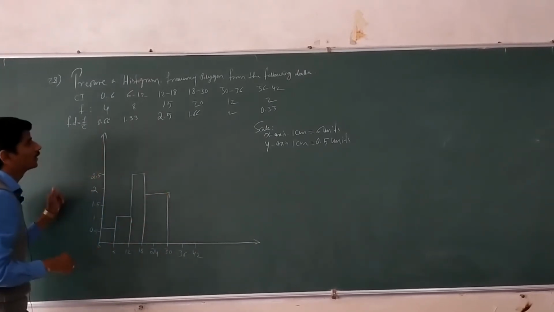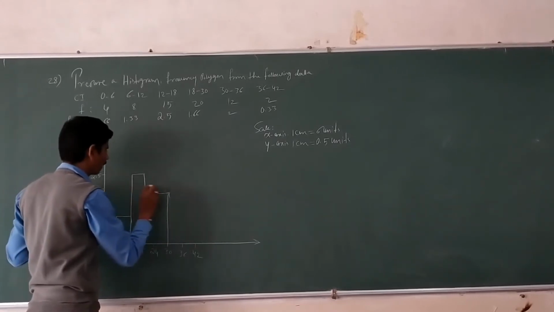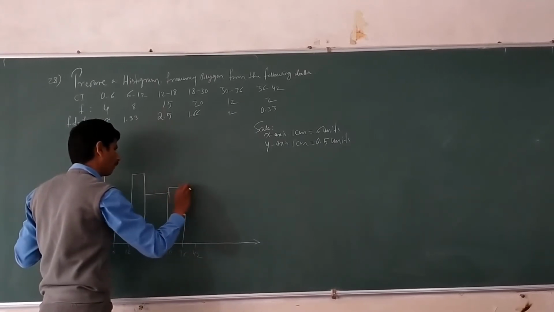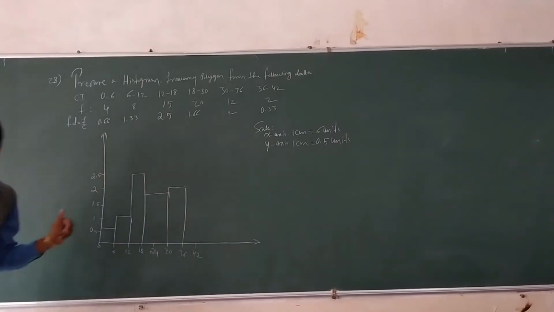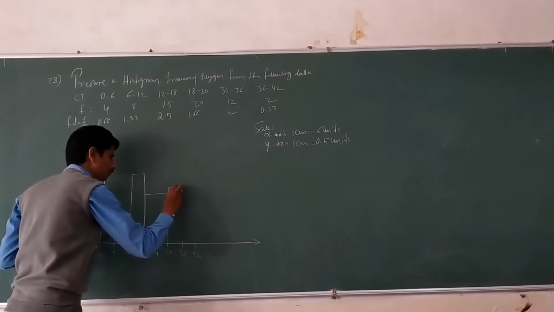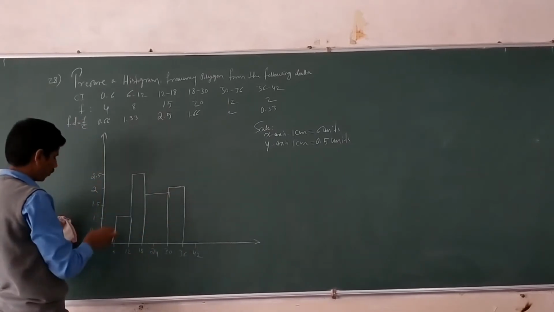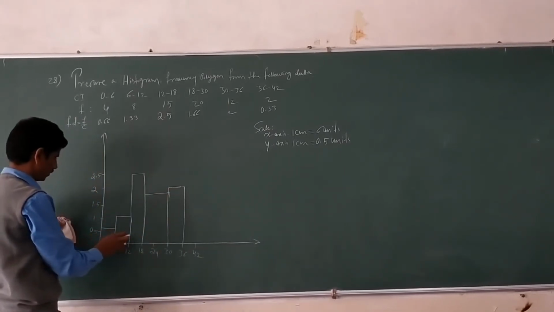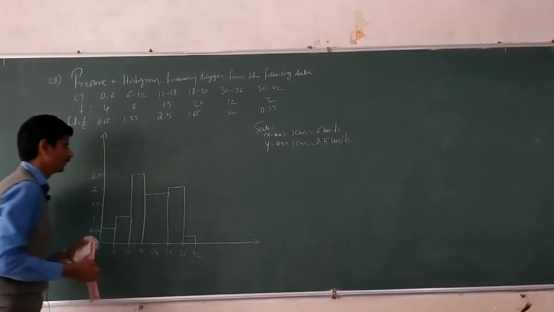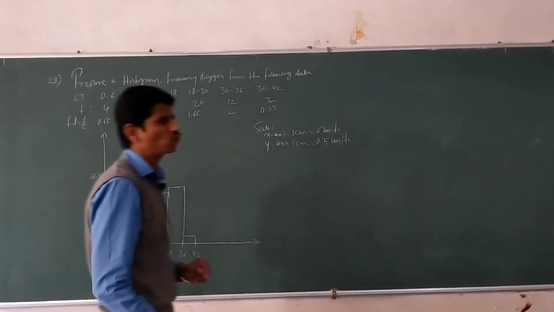The next, 30 to 36, 2. The next, 36 to 42 is 0.333. Okay, here it is a histogram.